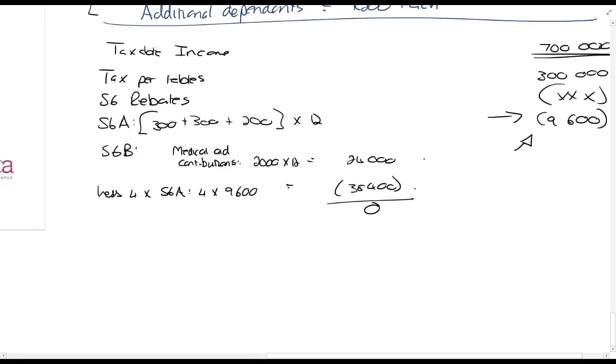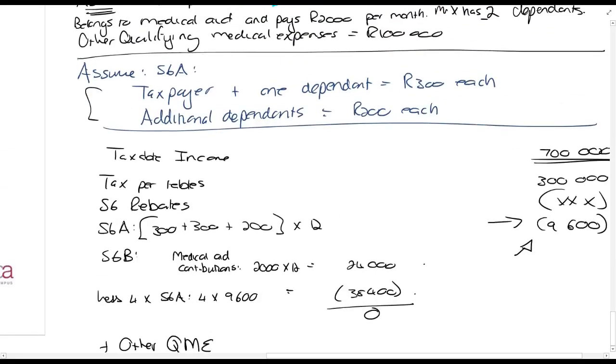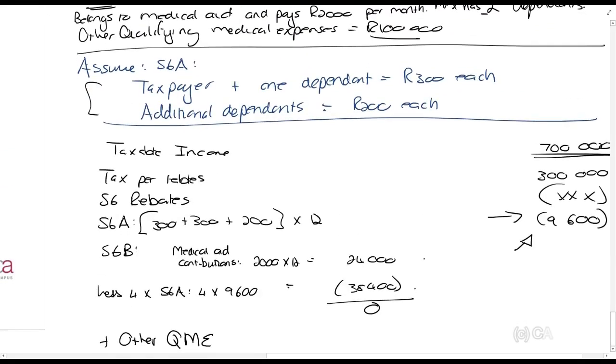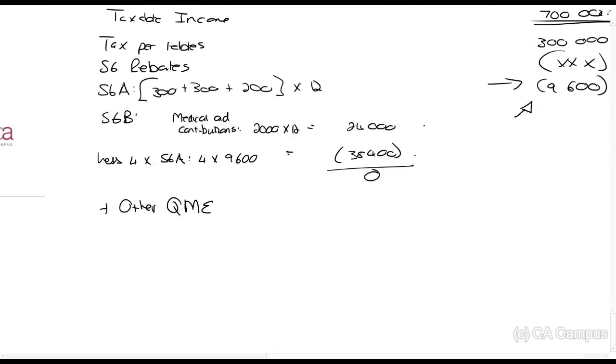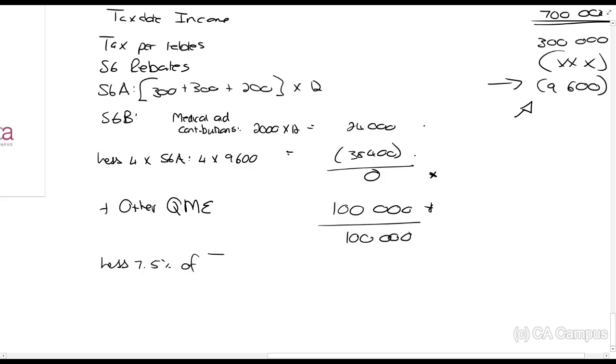Then we say plus other qualifying medical expenses. Write it out in the exam, guys, whatever they tell you. It's 100,000 rands. So now add up my 0 over there. If that was an amount, it will obviously be an amount. Plus my 100,000 gives me 100,000. From that, I must deduct less 7.5% of my taxable income, which is that 700,000 there.